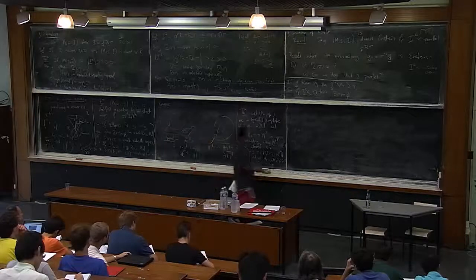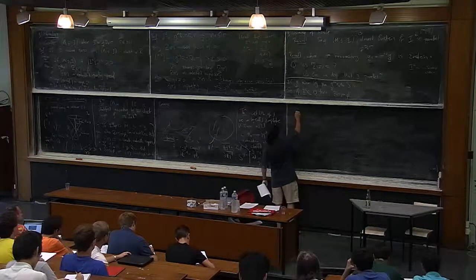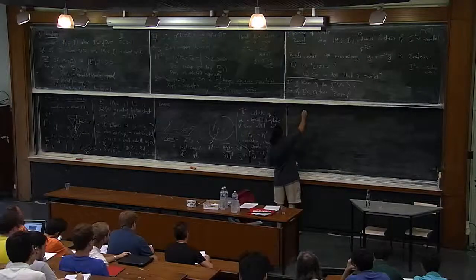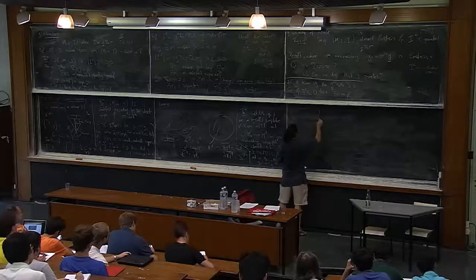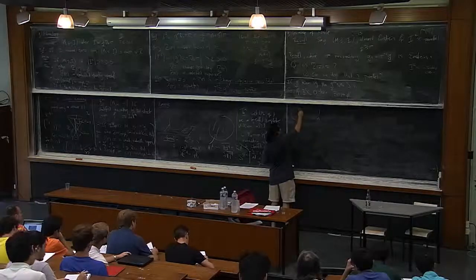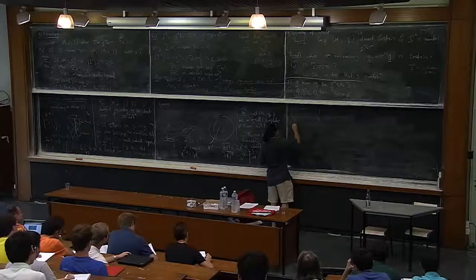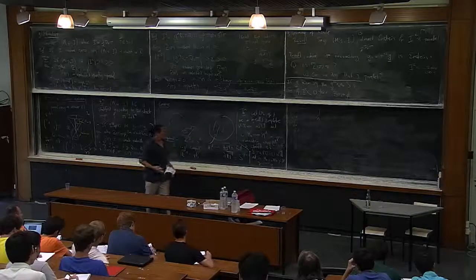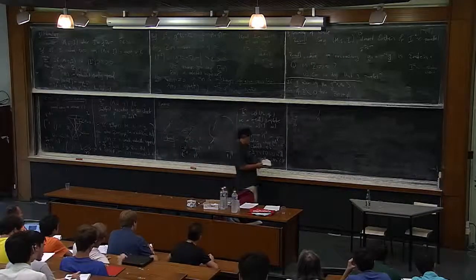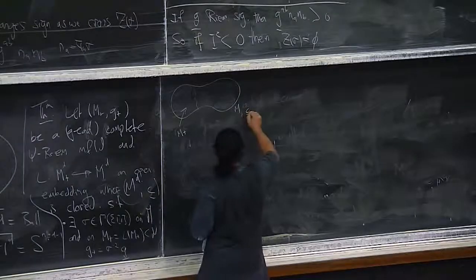Okay, so the picture would be something like this: here's my M, and here's my M+. And I don't know about the boundary points yet, but there's some sort of open embedding in there. That's what I'm going to assume. And this thing has a conformal structure.